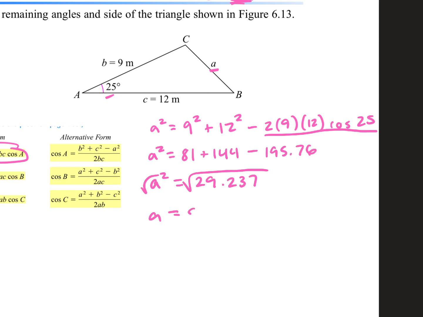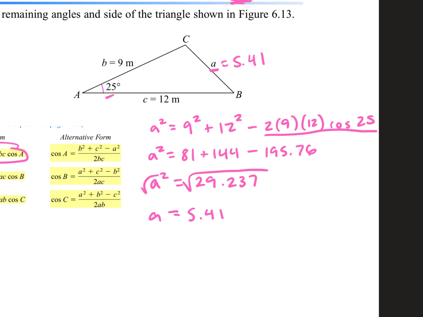So A is equal to 5.41, we can say. Isn't it plus or minus? But can you have a negative side length? Nope. So that's why it's not plus or minus.